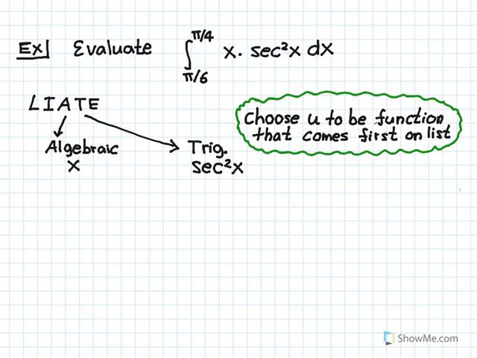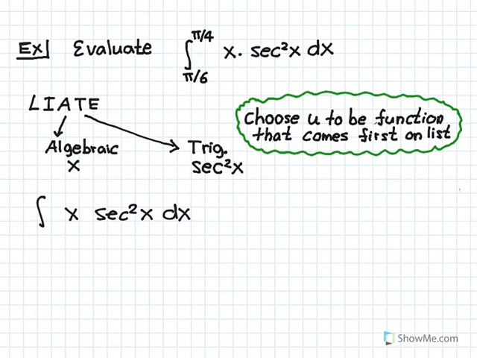Here we have the integral from pi over 6 to pi over 4 of x times secant squared x dx. So according to the LIATE principle, we're going to choose u to be the function that comes first on the list, and the algebraic function x comes first on the list. The trig comes later.